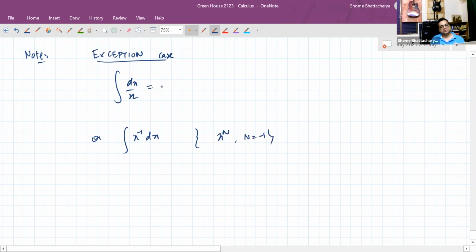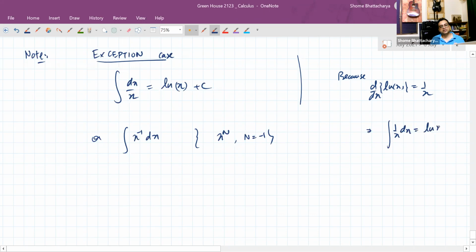This is given by a separate formula, natural log of x plus c. And the logic of this is very simple, because we know that differentiation of natural log of x is 1 by x. Therefore, obviously, integration of 1 by x is ln x plus c.